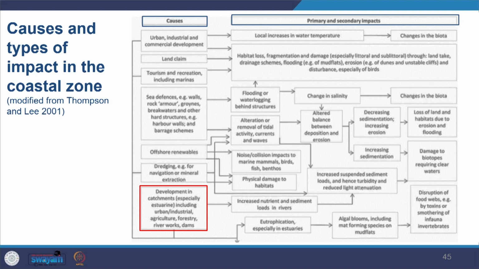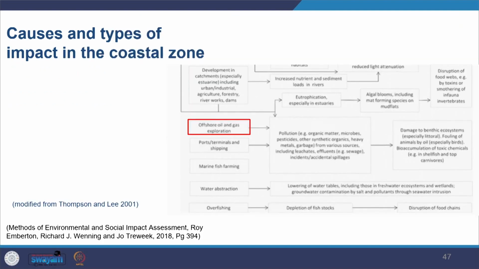Likewise, another important area is offshore oil and gas exploration, ports, terminals and shipping, and marine fish farming. So you see these activities. They also lead to, as you see with oil and gas exploration, a direct impact on pollution, with organic matter, microbes, pesticides, and other things getting into the water.